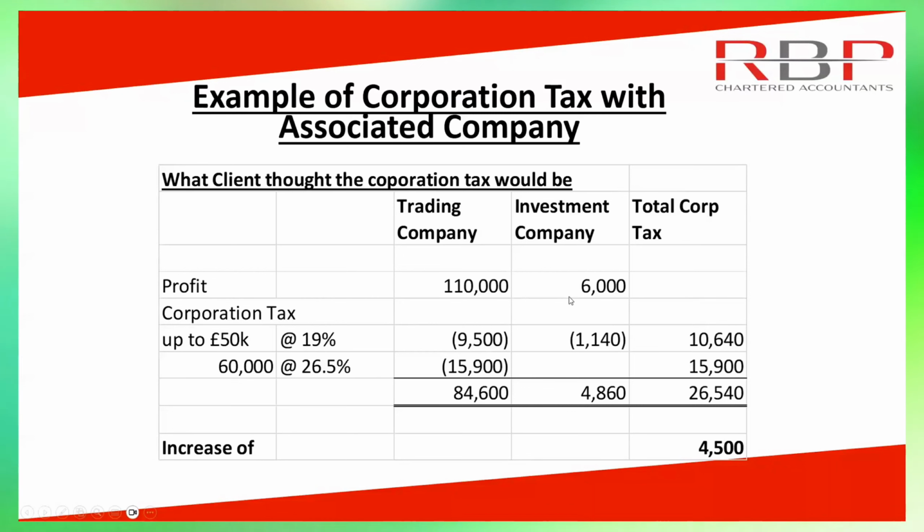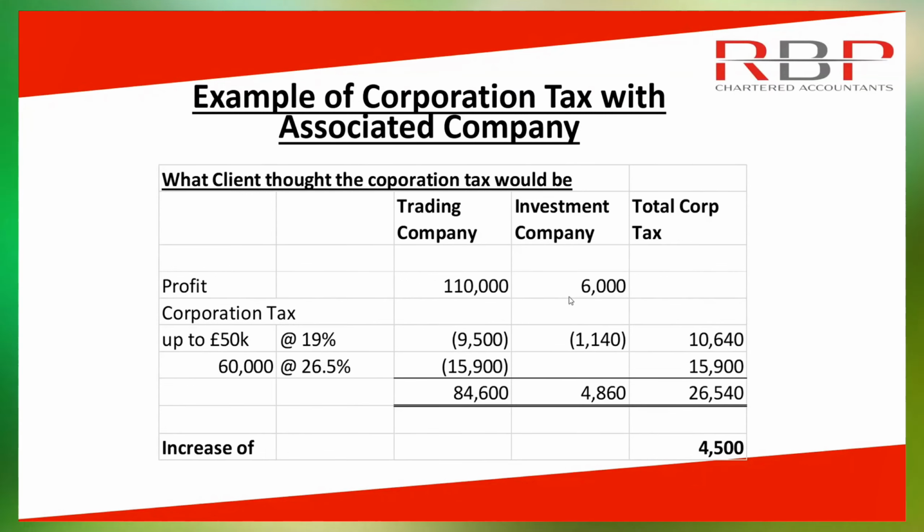My first 50,000 is going to be at 19%, and then my next 60,000 is going to be at 26.5%. And my investment company, I've got 6,000 of profits, all at 19%. So when the changes were announced, he thought his corporation tax liability for both companies, 22,000, had now gone up to 26,500, an increase of 4,500.